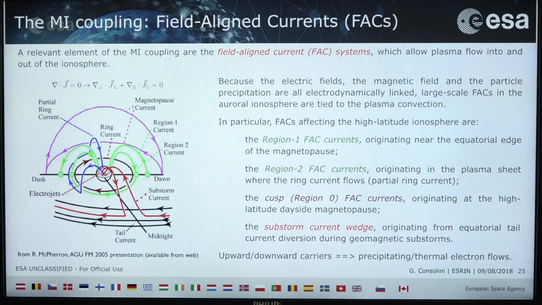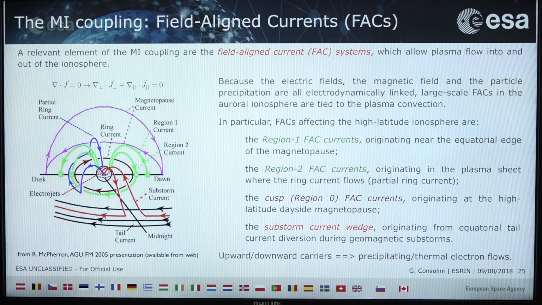And another crucial element in order to discuss the coupling are the currents. We have the so-called field-aligned currents, which allow plasma to flow into and out of the ionosphere. These are responsible for plasma coming inside, essentially electrons, and electrons flowing outside, also ions flowing outside. So the condition is this one, and we can recognize different current systems.